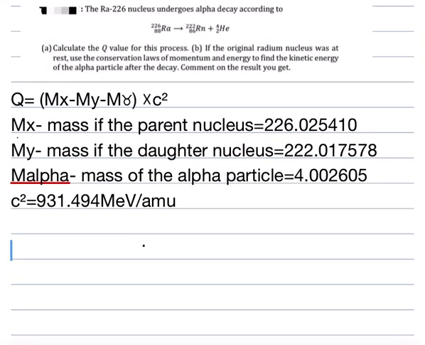Now we're going to feed our data into the equation.